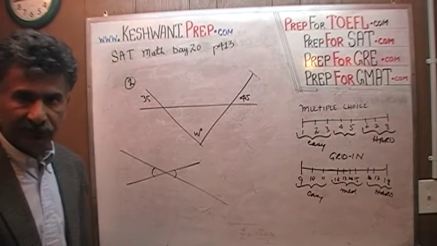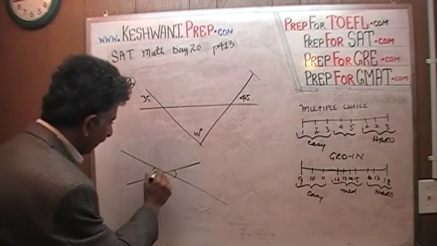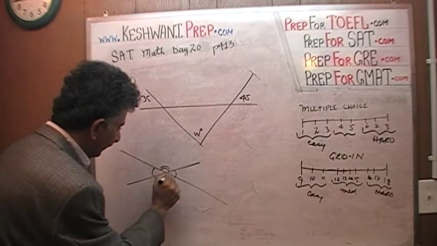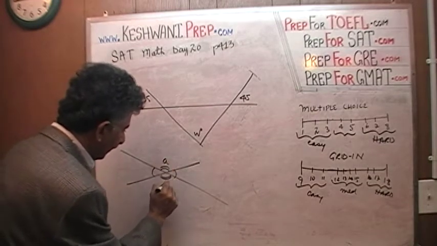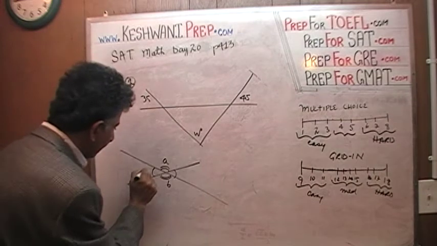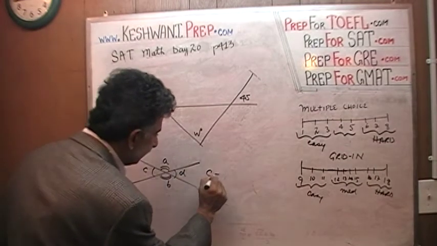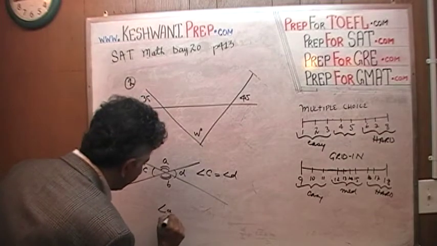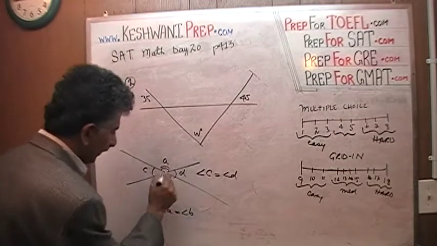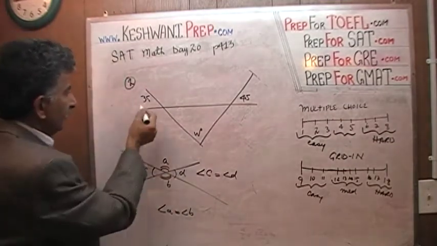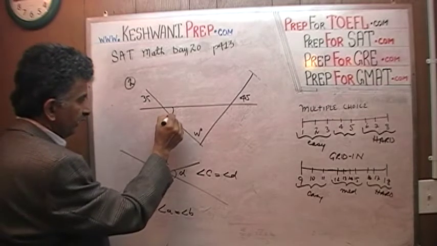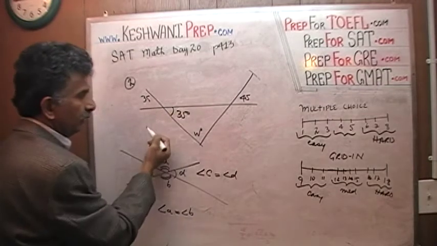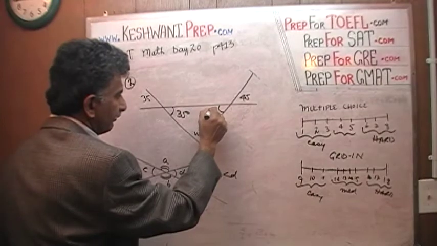Let's call them A and B, and C and D. Angle A equals angle B, and angle C equals angle D, because they are opposite angles. So since this is 35, this angle here must also be 35. And since this is 45, this angle must be 45.